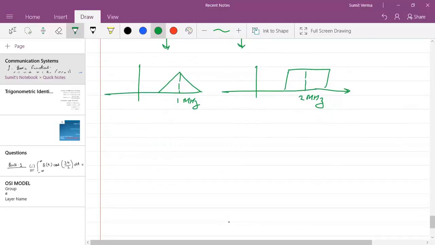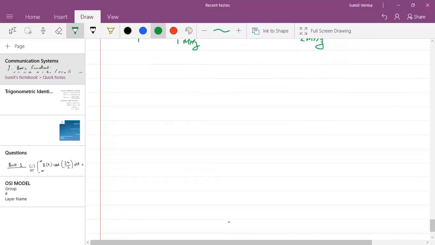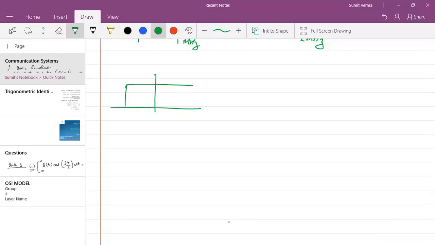Now let's take a signal which we want to transmit, which we have already discussed, which was our gate pulse. Let's say this is the signal I wanted to transmit.